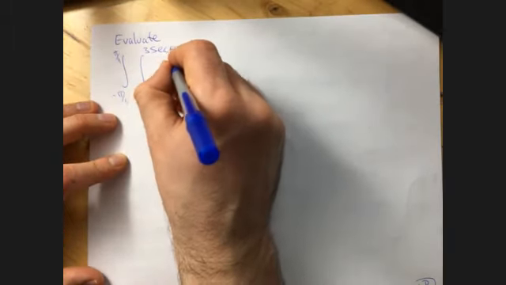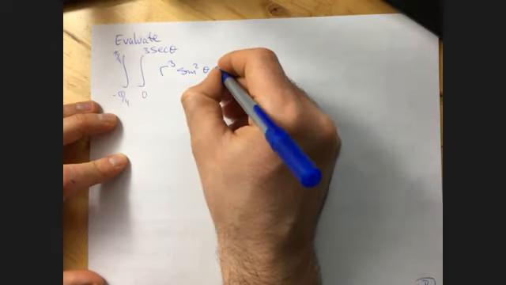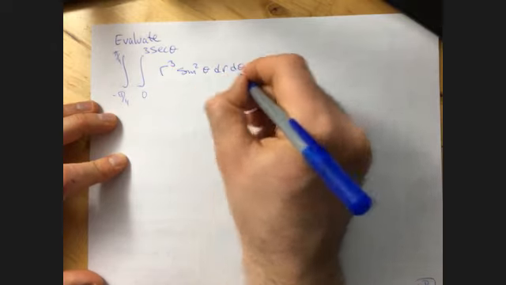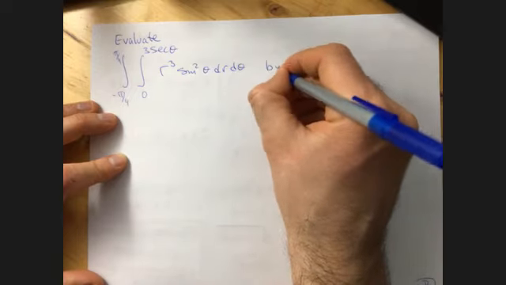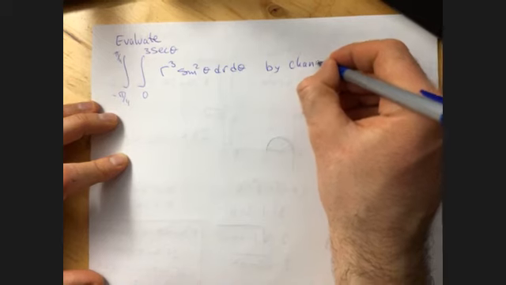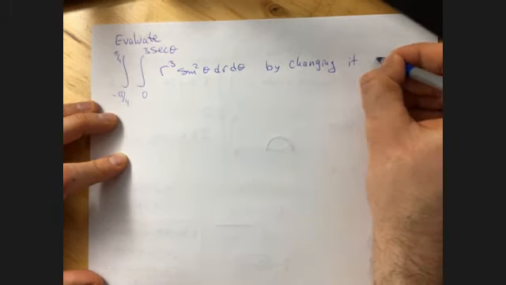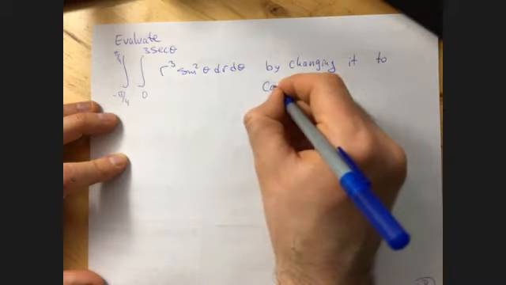Again, be careful, r cubed sine squared theta dr d theta, by changing it to Cartesian coordinates.